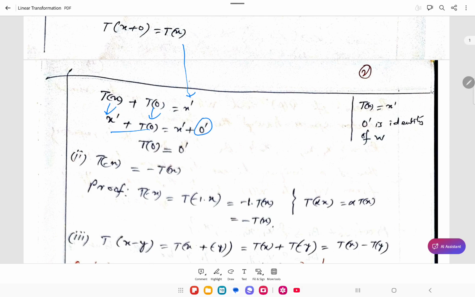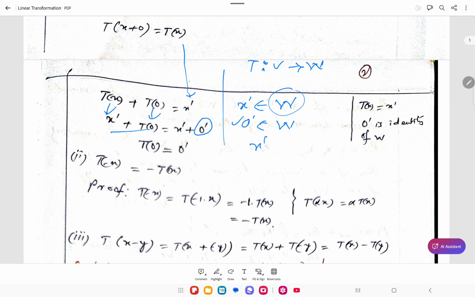Why is it so? Why can we add 0 dash? Because x dash belongs to W, since we had a transformation from V to W where x dash belongs to W, and W is a vector space. 0 dash also belongs to W, which is the additive identity.